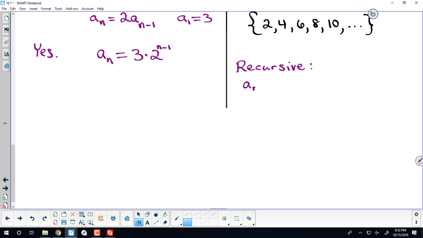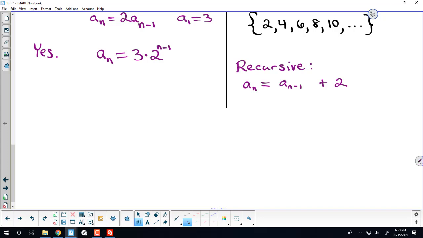A sub n is equal to a sub n minus 1, the previous term, plus 2. What do y'all think? The next term is the previous term, a sub n minus 1, plus 2. Seems reasonable.